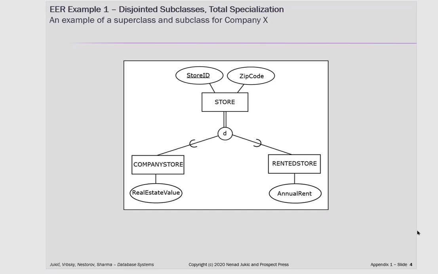And for that store, we can keep track of the store ID and the zip code. But the stores can be two different types of stores. They can be a company store or they could be a rented store. And for each one of those, we capture some other attributes.